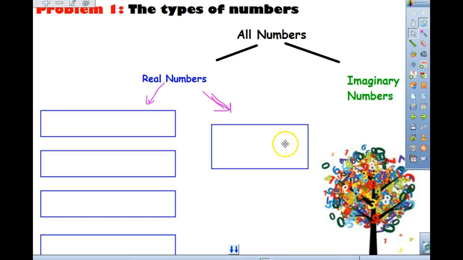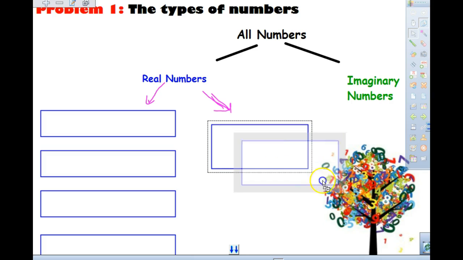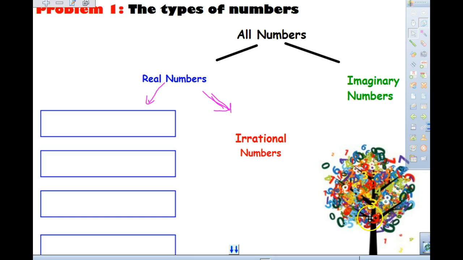The one that is totally by itself, besides our imaginary, does anyone remember the one that doesn't have anything else below it? Whitney? Zero? No, but it's a special name of numbers. Irrational. It's our irrational numbers. Last year you did square root 2, right?